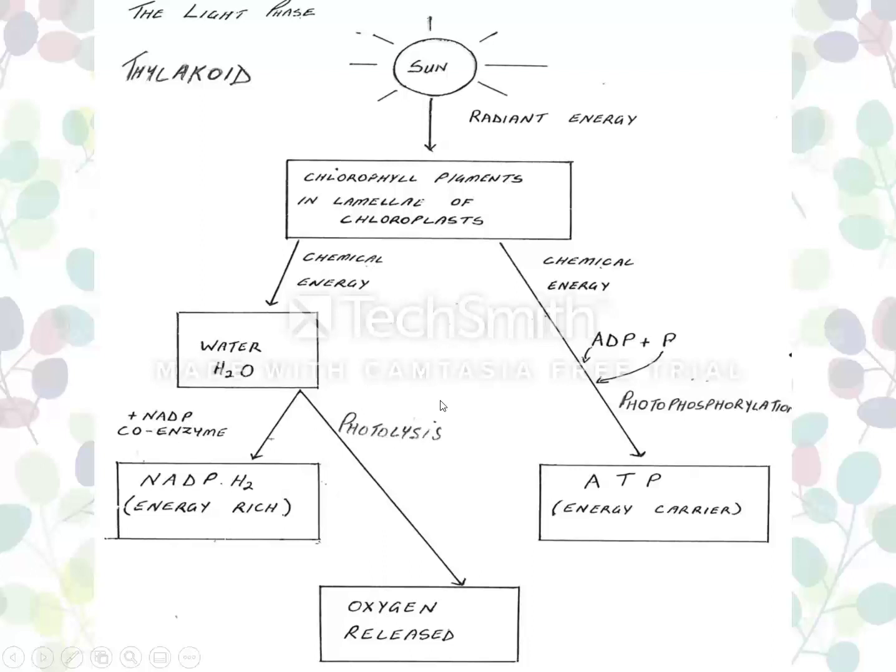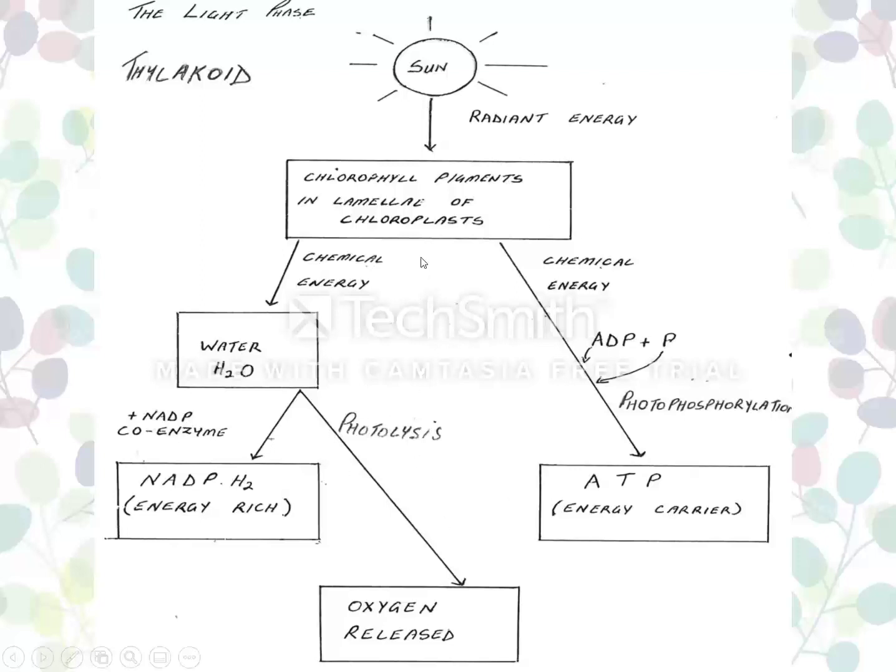By the way, and I didn't say this earlier, so this is important, photolysis is the splitting of water. So we need to know that definition. If I ask you what word describes water being split into hydrogen ions and oxygen, I'm looking for the word photolysis.